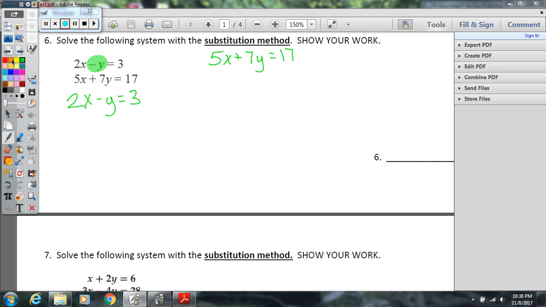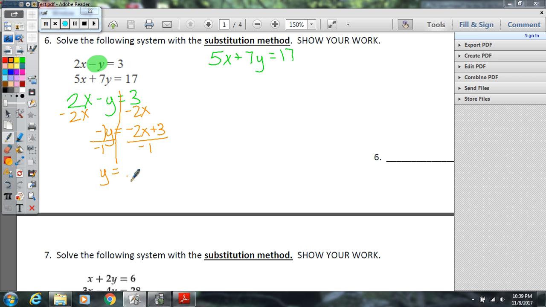Now, if I want to solve it for this y, the first thing I've got to do is move the 2x. So I'm going to minus 2x from each side. That brings down negative y is equal to, can't combine those, so it's going to be negative 2x plus 3. Now to solve it for a positive y, guys, there's a negative 1 sitting right here. So I'm going to come in and divide both sides by negative 1.